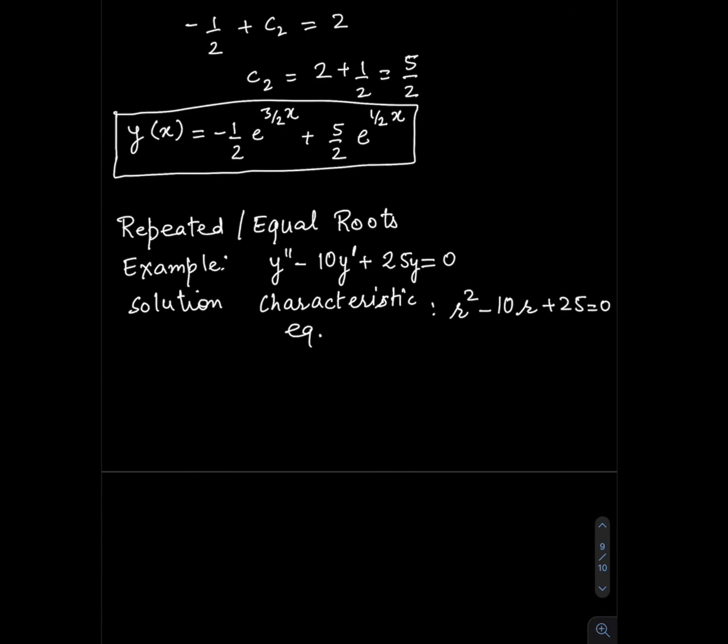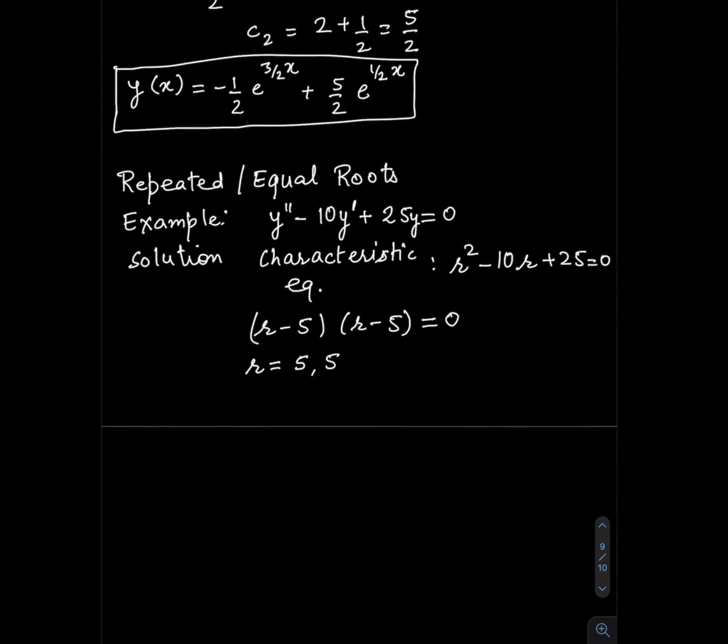We can easily factorize this equation as r minus 5 times r minus 5. You can also find the roots using the quadratic formula. So here the roots of the characteristic equation are 5 and 5. We have the repeated roots, right?